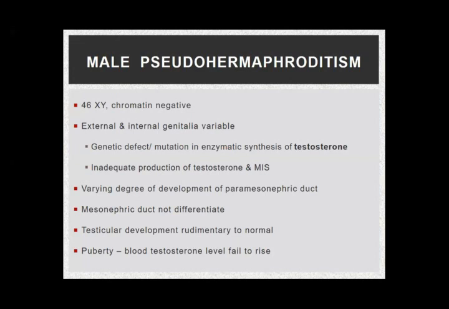When the level of Mullerian inhibiting substance is inadequate, variable degree of development of the paramesonephric duct does occur. जबकि mesonephric duct जो है, since testosterone की level कम है, testosterone acts on the mesonephric duct. जब उसकी testosterone की level कम होगी, the mesonephric duct will not differentiate well.